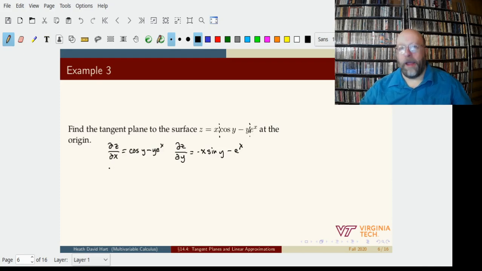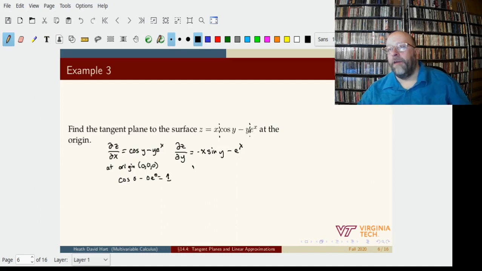All right, we have to figure out what's going on now at the origin, which is 0, 0, 0. Cosine of 0 is 1, minus 0 e to the 0. Well, that's just going to equal 1 minus 0. That's 1.